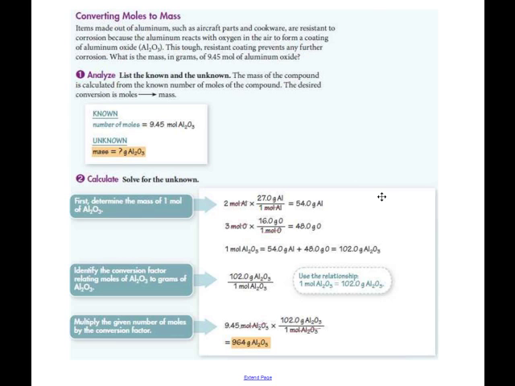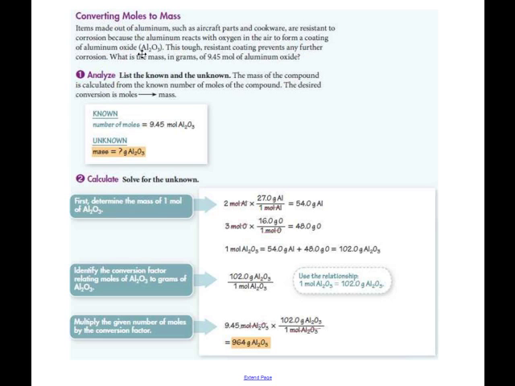So to figure out the molar mass, we can see that aluminum oxide has 2 aluminums and 3 oxygens. Now if we have 1 mole of aluminum oxide, that means we have 2 moles of aluminum atoms and 3 moles of oxygen atoms. Does that make sense?